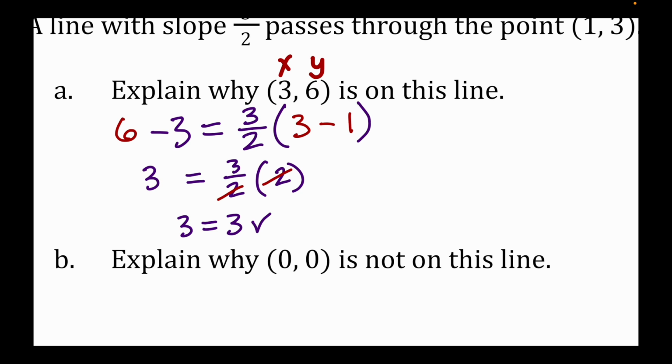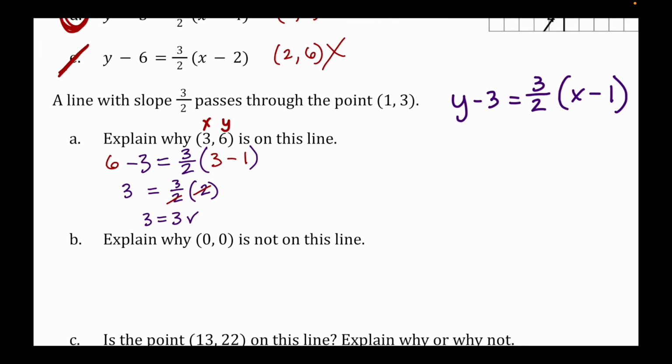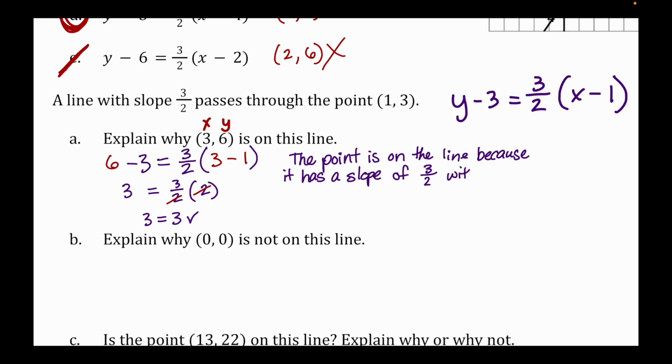So I might say here, the point is on the line because it has a slope of 3 over 2 with 1 comma 3.